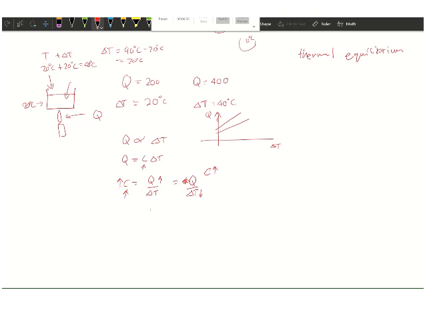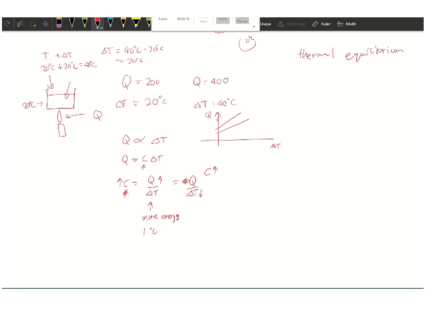So for this first case, you can say higher heat capacity. I just want to say right away that this constant is what we call the heat capacity. Higher heat capacity means that you require more energy to increase 1 Celsius.